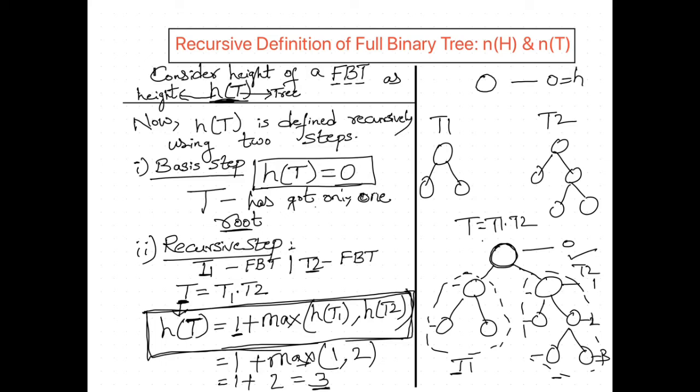Now let us go to another one: the number of vertices of a full binary tree. Well, consider the number of vertices in a full binary tree as n of T. What is this n?